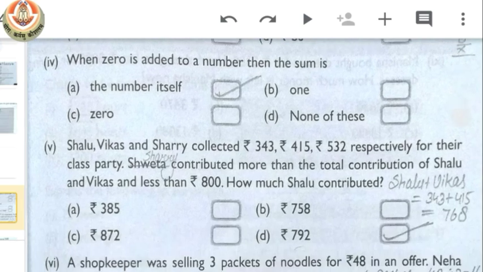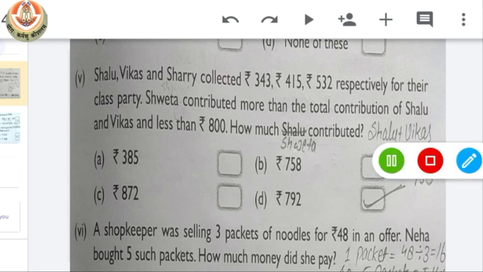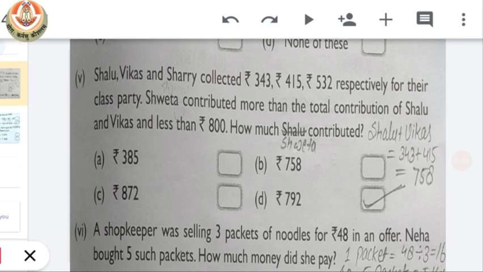Next is, Shalu, Vikas and Sherry collected rupees 343. That means rupees 343 collected by Shalu, 415 by Vikas and 532 by Sherry. And Sweta contributed more than the total contribution of Shalu and Vikas together.